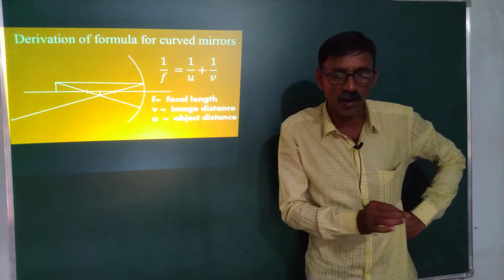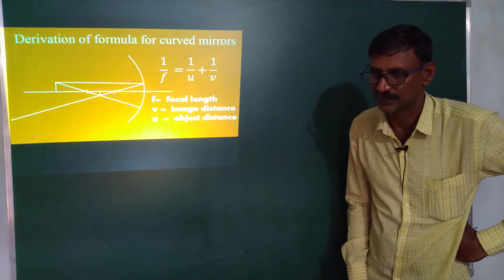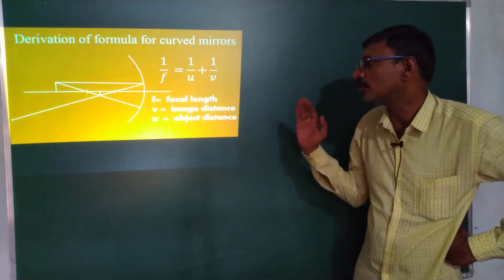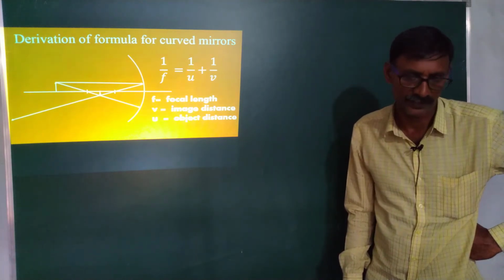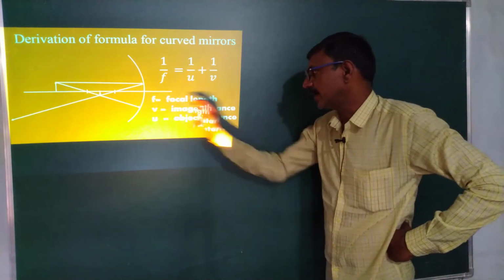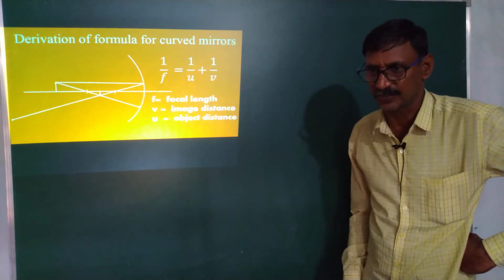Here we should first know what f, u and v are. f means focal length, which everybody knows. We already discussed it in the previous video.